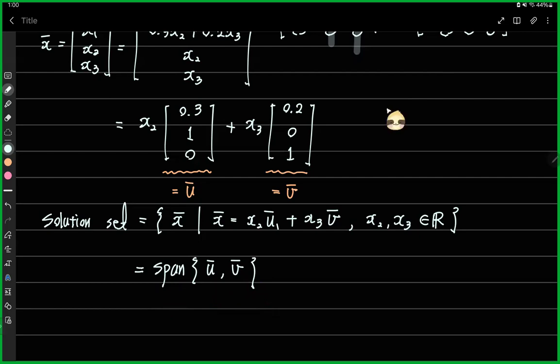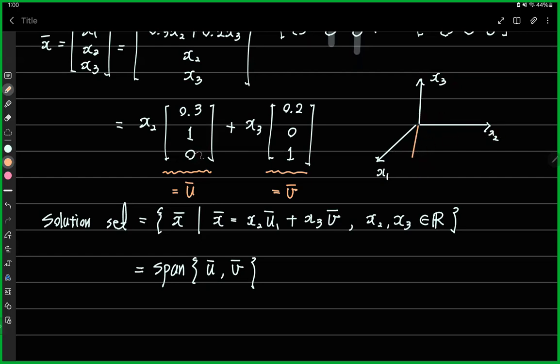Okay, so let's say vector u is right there. Think about 3D, three-dimensional space. Let's say this is x1, this is x2, here's x3. Vector u should be on the x1 x2 plane, right?